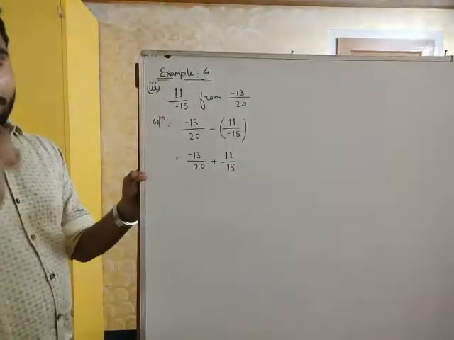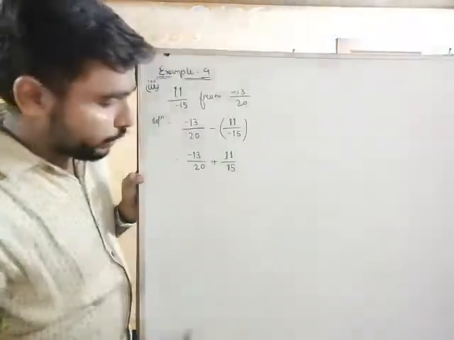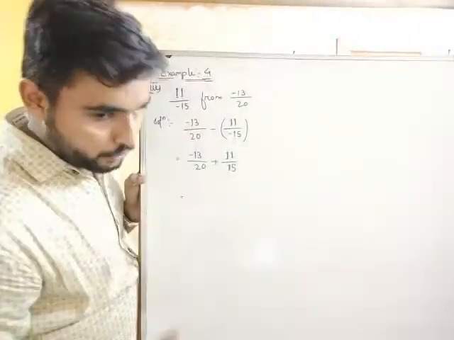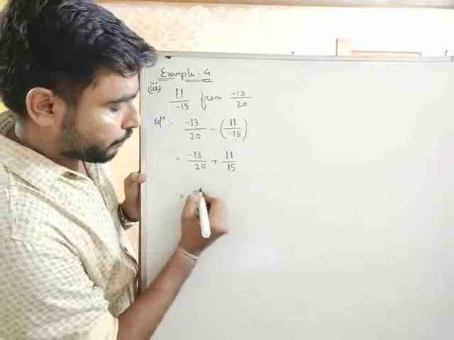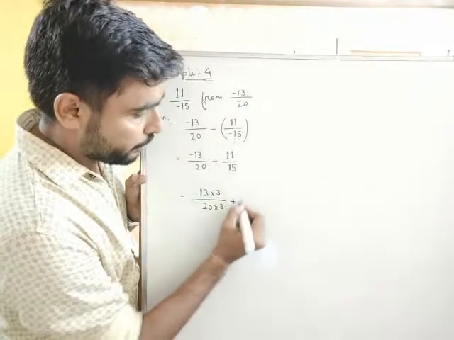Now LCM of 15 and 20 is what? 15 into 4 is 60 and 20 into 4 is 20, sorry, 20 into 3 is 60. So here 20 into 3, minus 13 into 3.